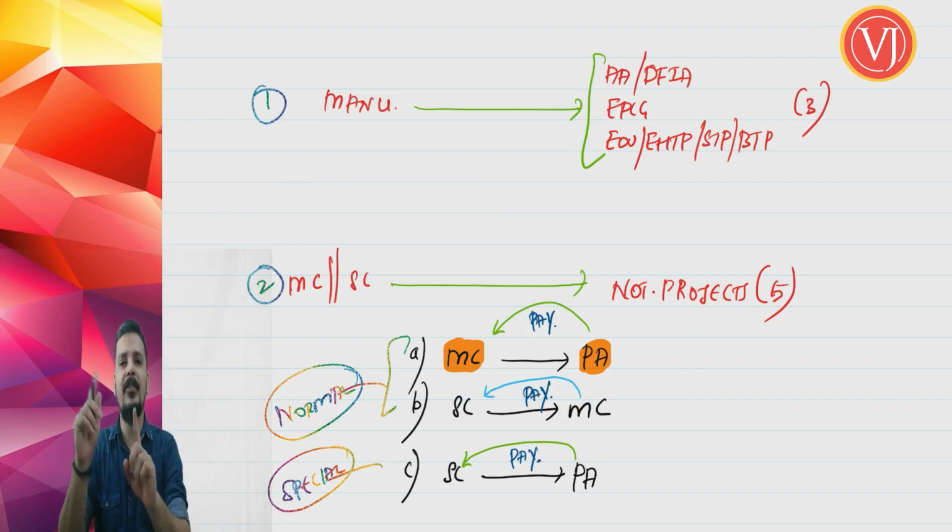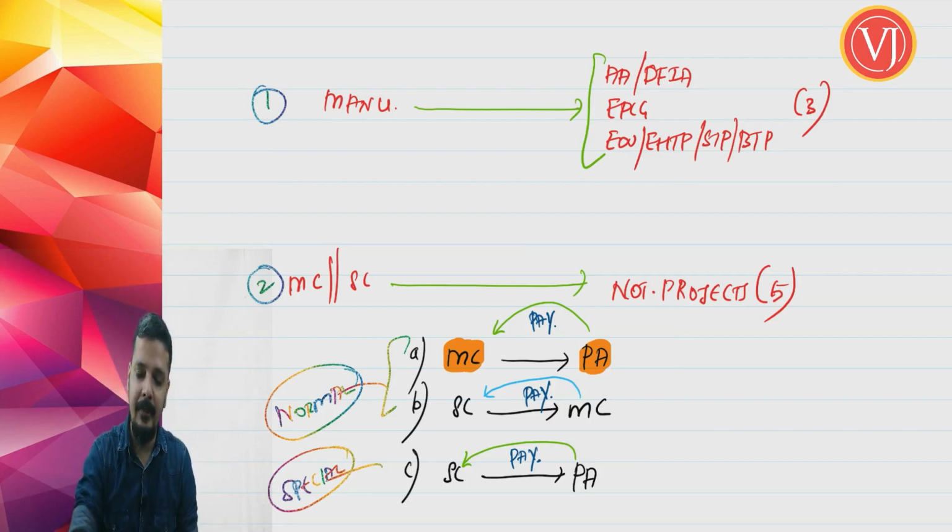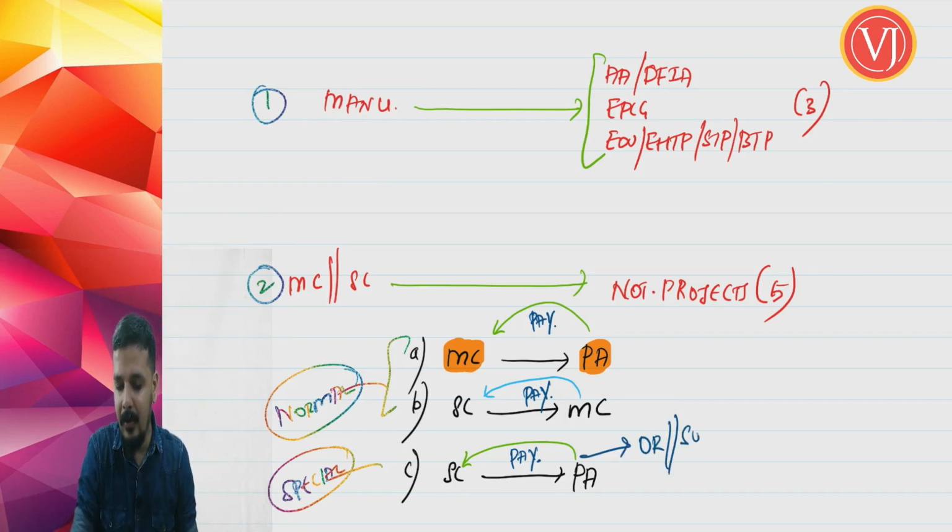Main contractor to project authority will make the payment, deemed exports. Now third is a special case where the project authority is directly communicating with the subcontractor. This direct contract between subcontractor and project authority will be added in the original contract or subsequently, but before actually supplying the goods.